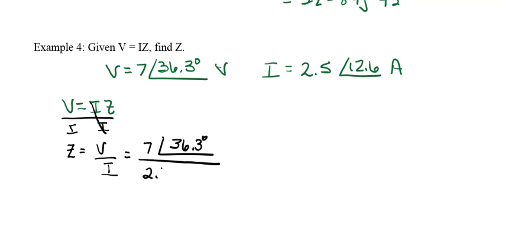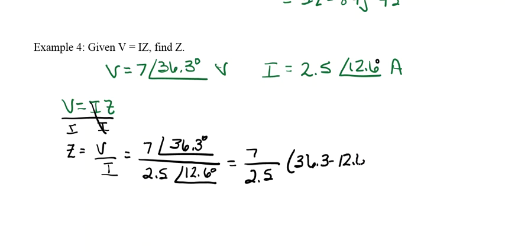I is 2.5 at 12.6 degrees. So my answer is going to be 7 divided by 2.5, at 36.3 minus 12.6. When I do the math, I end up with approximately 2.8 at 23.7 degrees.